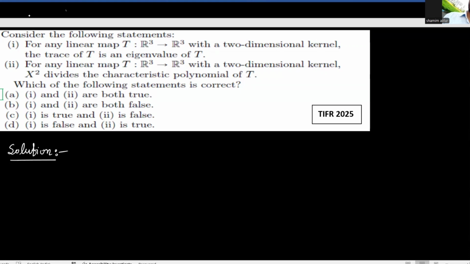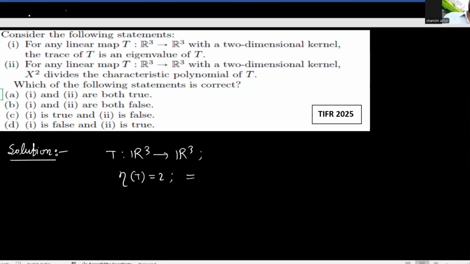Here we are given a linear map T from R3 to R3, and the kernel of T is two-dimensional, that is, the nullity of T equals 2.